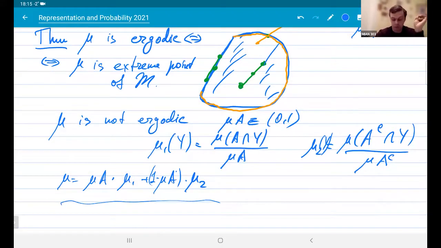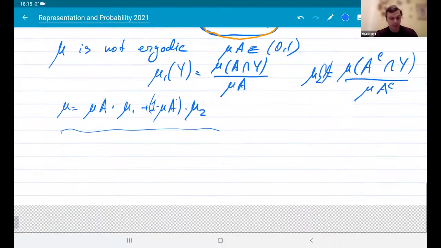This is not too difficult, and therefore this measure is also not an extreme point. The converse is a bit more difficult. You need to somehow explain why an extreme point is ergodic, but this can be done.